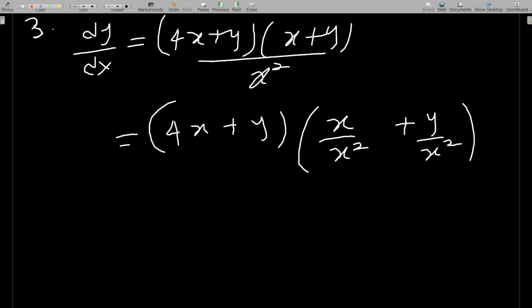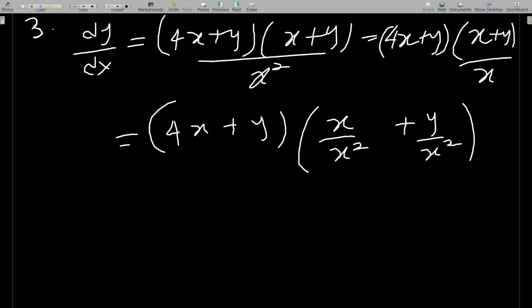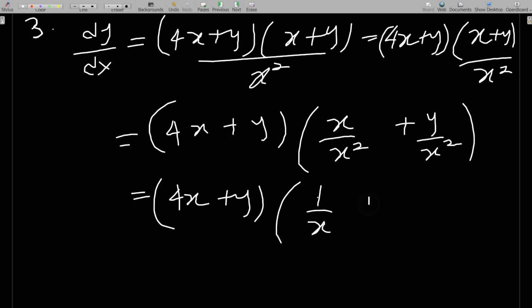I could have written this as 4x plus y, then x plus y only over x squared, and this is simplified as 4x plus y into 1 over x, plus y over x squared, or you can say y over x times 1 over x.